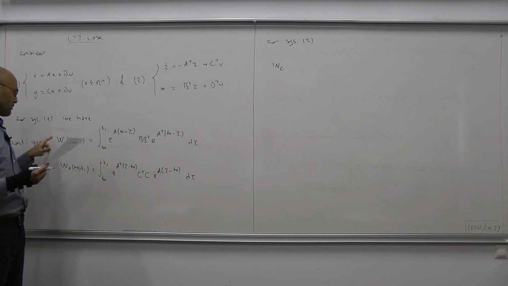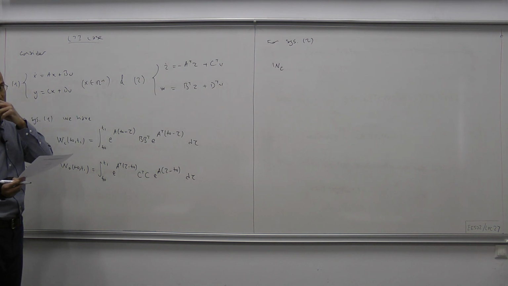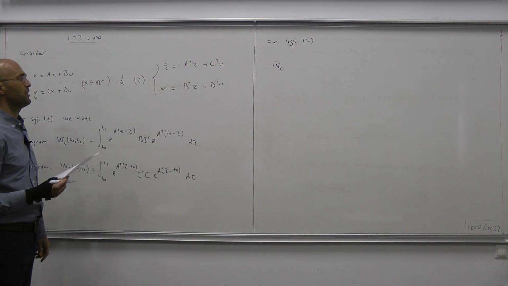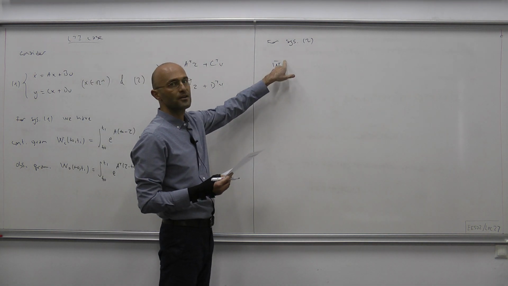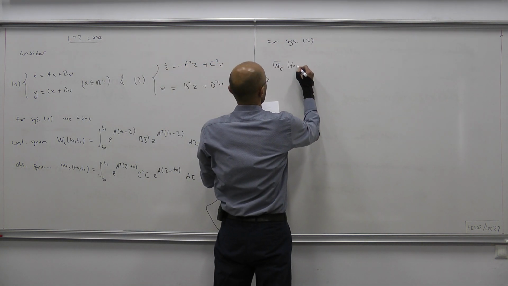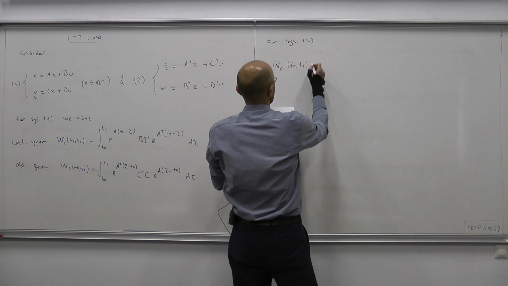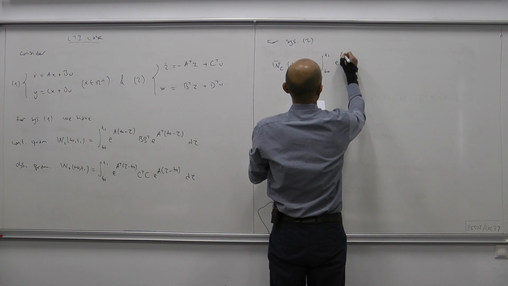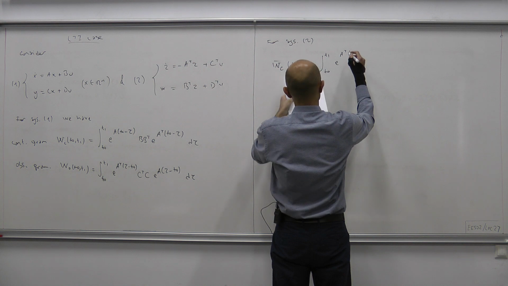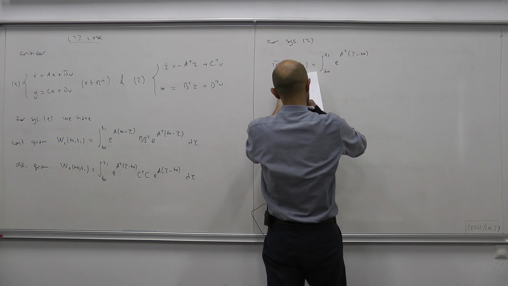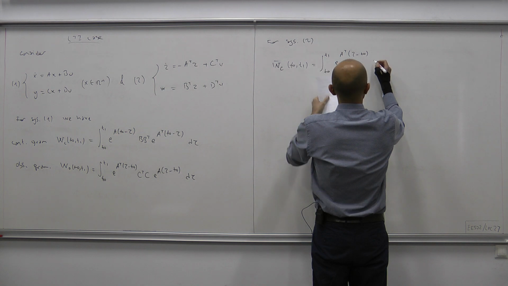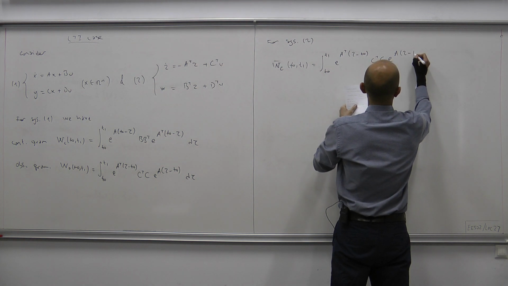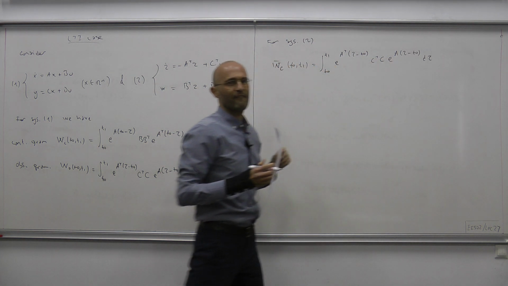To differentiate between the Lagrangians of the first system and the Lagrangians of the second system, let's put a bar on the Lagrangians for the second system. So the controllable Lagrangian of the second system for the same interval is the integral from T0 to T1 of e to the A transpose tau minus T0 C transpose C e to the A tau minus T0 d tau.